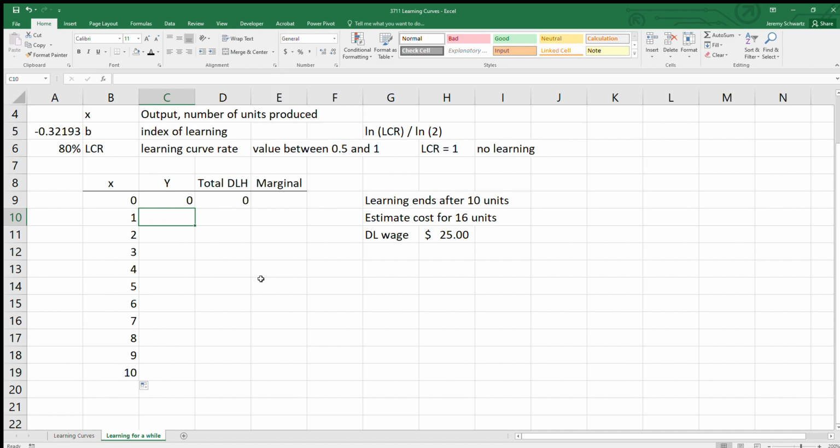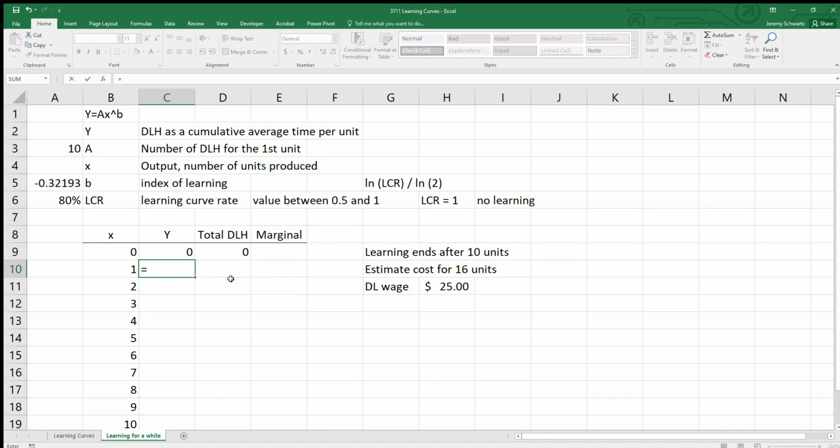But then after that, we're going to end up staying at the rate of the time where the learning has left us. So going back to our A times the X value, raised to the index of learning, B value there.